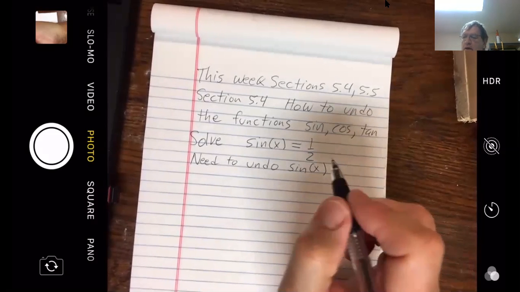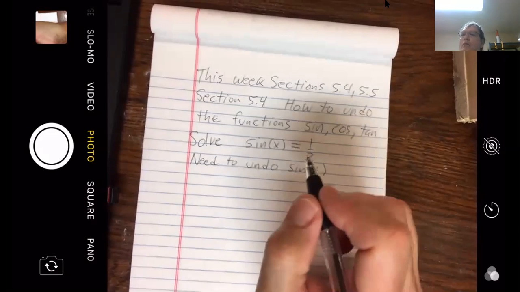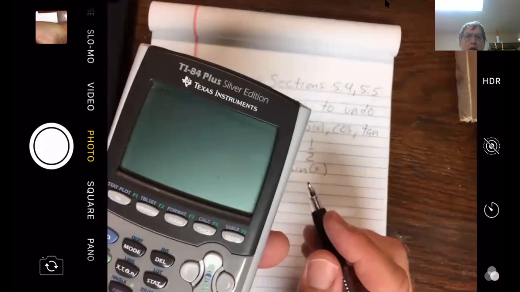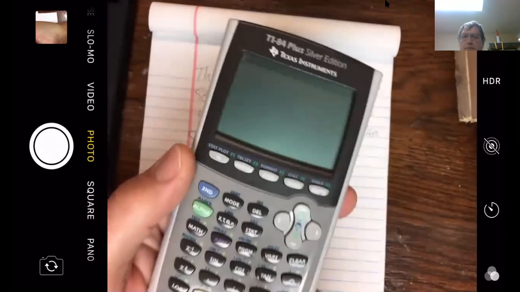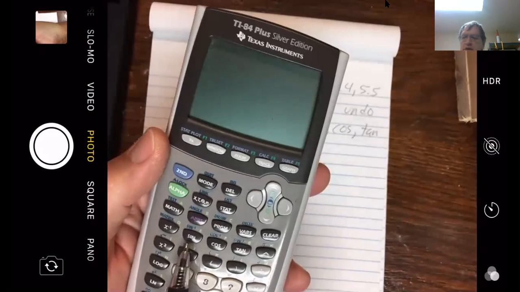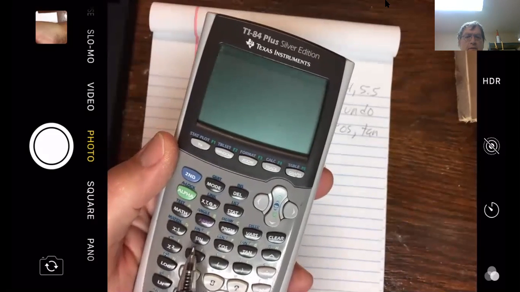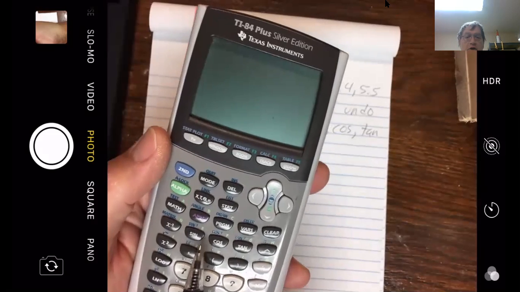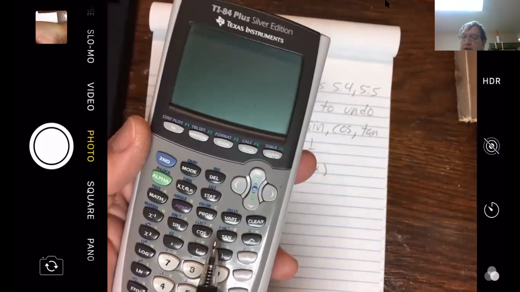If you look on your calculator, right above sine, you see the sine minus 1. Same thing with cosine, a cosine minus 1. Tangent, tangent minus 1.